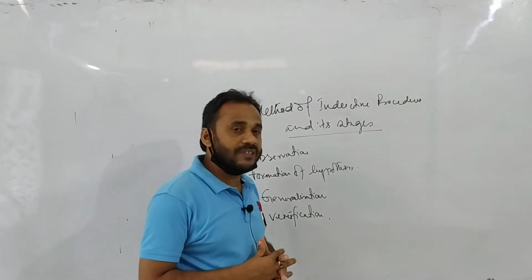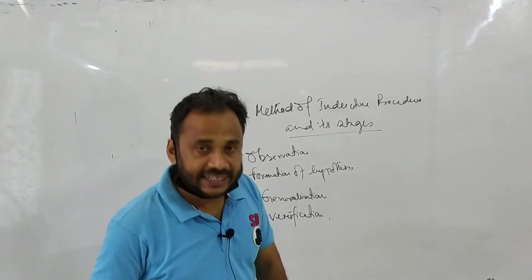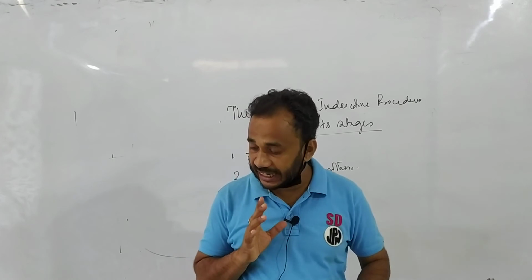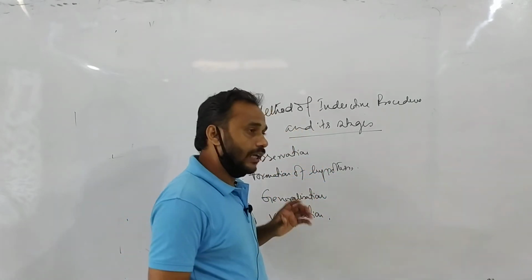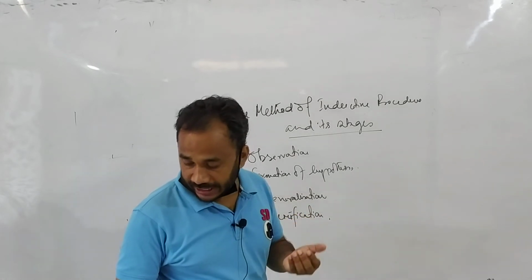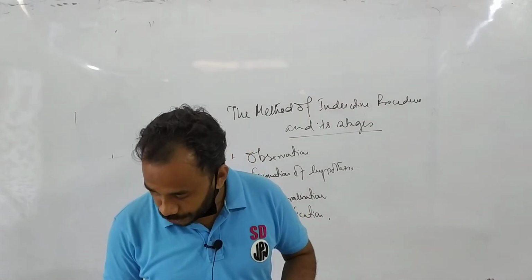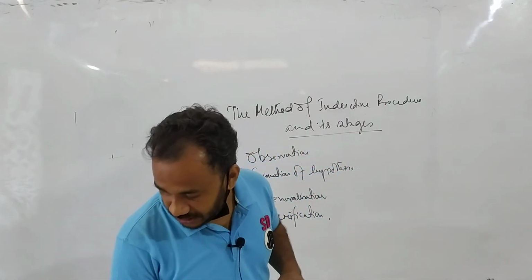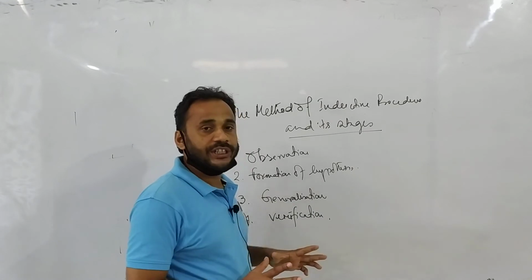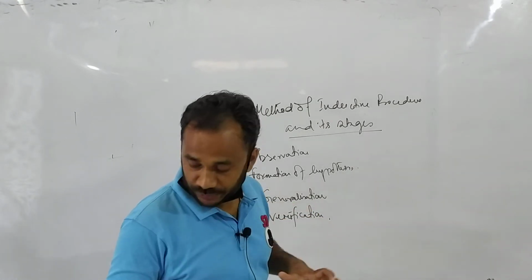Here, before observation, there must be a clear-cut idea in our mind regarding the event or a natural event or a phenomenon which is to be explained. So that means first of all we should define the event or phenomenon.